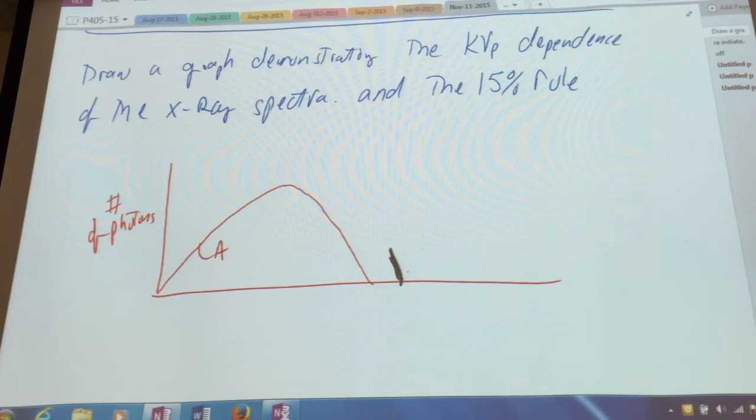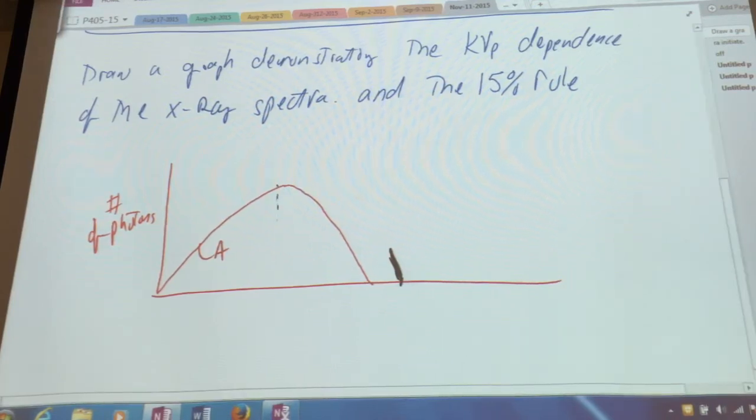See, all these little things you have to keep in mind. If you increase the KVP, do you increase the average energy? Higher maximum, yes, you're also going to increase the average energy. So the average changes as well. So if here's our average energy for A, let's say that the B average energy is maybe here.